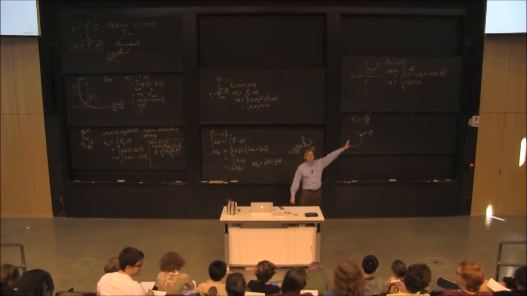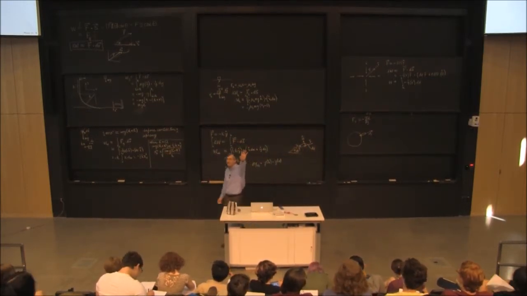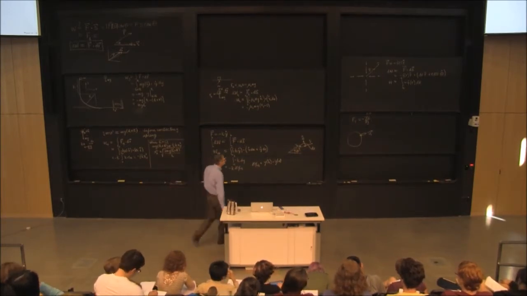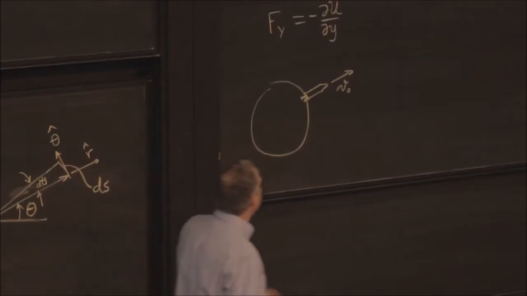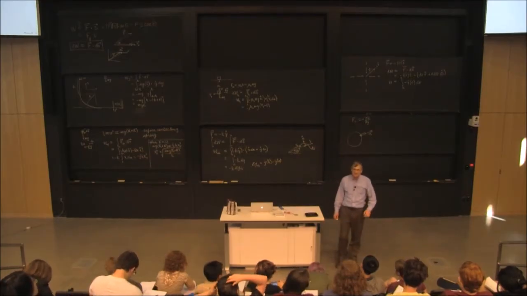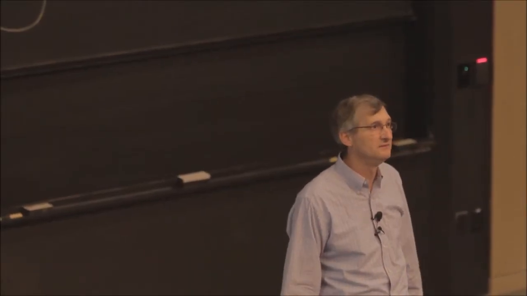It just goes on its merry way, but gravity keeps tugging on it and pulling it back. And the question is, how fast does v naught have to be for it just to leave and get out of the Earth's gravitational potential well?